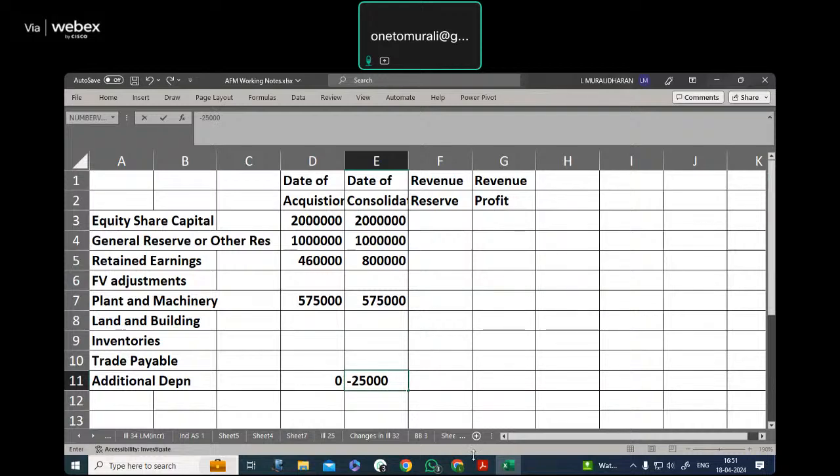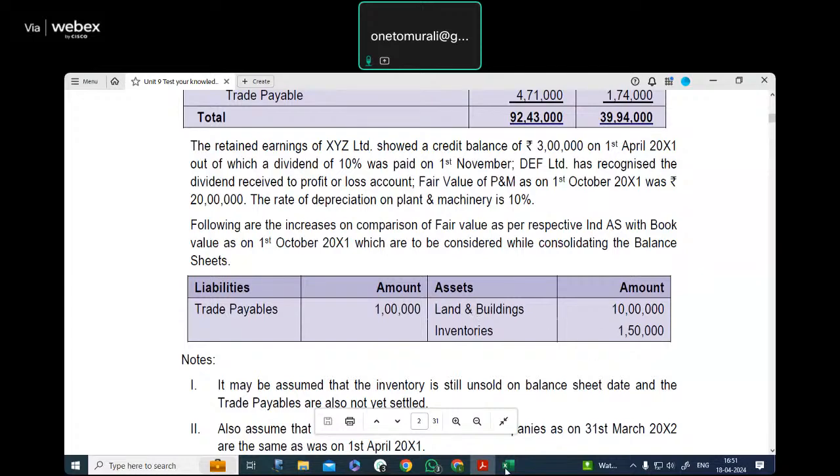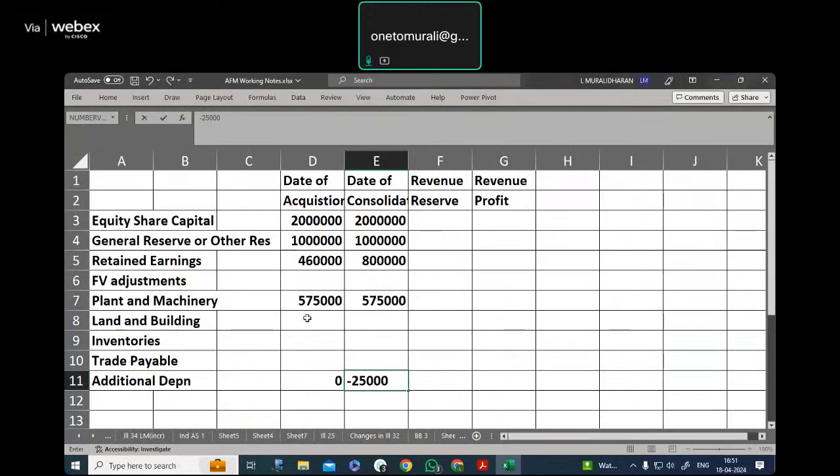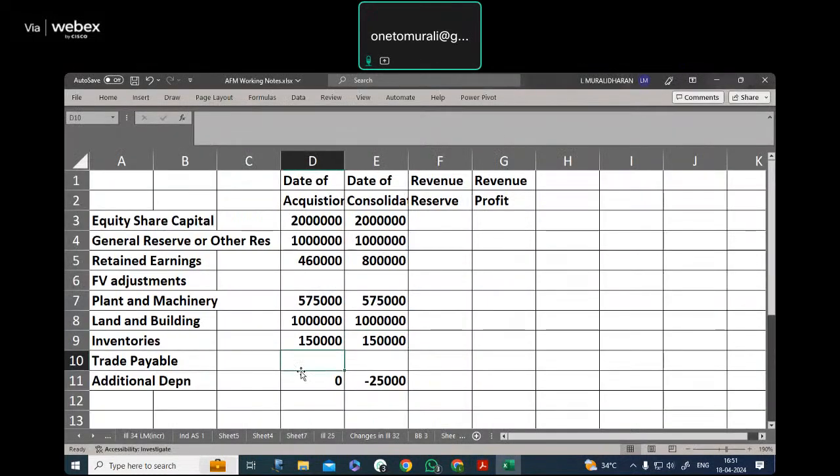Without further forgetting ourselves, we have land and building 10 lakhs. Inventory 150,000. Then trade payable 1 lakh. Since it is a liability, I am putting it in the negative. Is that clear?